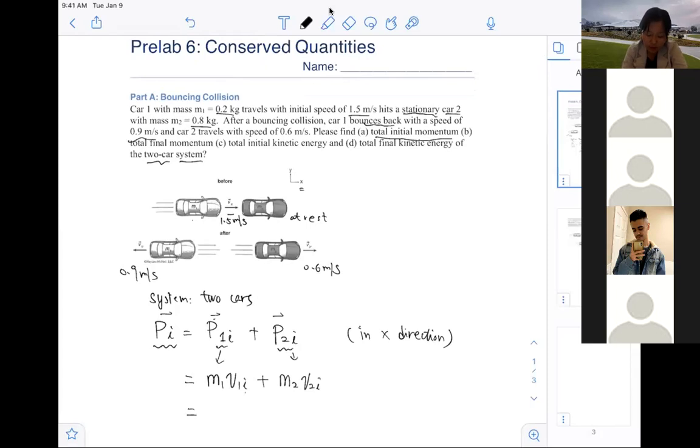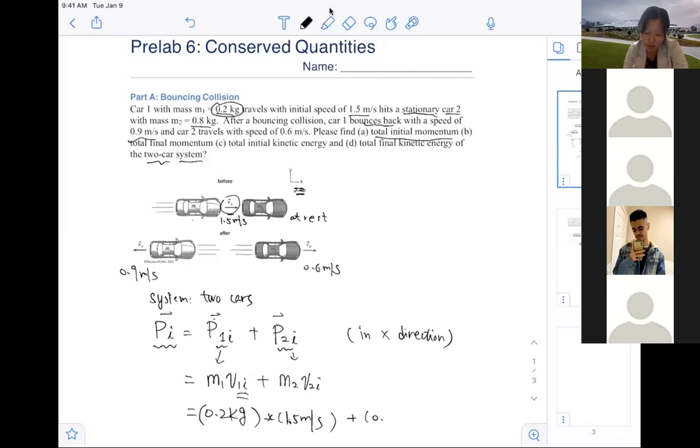Okay, so M1, that's given. And do we know V1i? Do we know what the initial velocity of car 1 is? 1.5. Simply 1.5. And here you can see I simply said positive 1.5 because it's already moving in the positive direction. So I've thought about the directions and I claim it's positive because I've defined positive to be right.